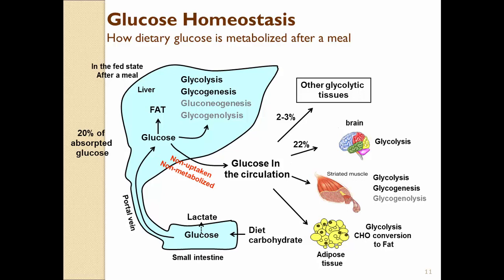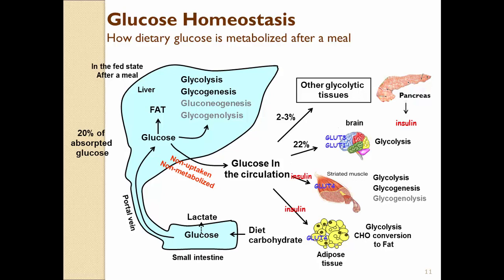So you see 22%, a lot of the circulating glucose, is actually taken up by the brain and used as energy in the brain in that fed condition. And 2 to 3% go to other tissues. And the important thing is that the other two tissues, muscle and adipose tissue, can also take up a lot of glucose.